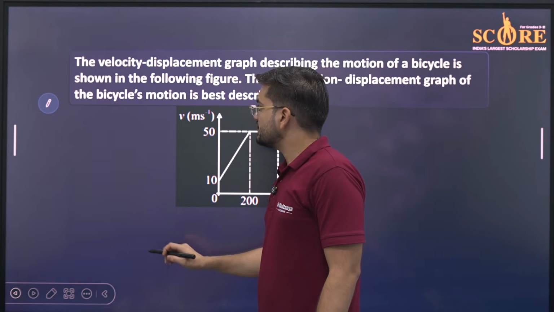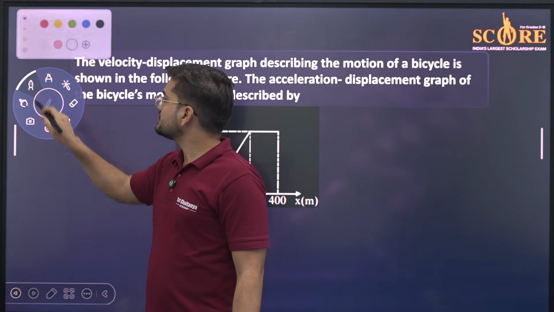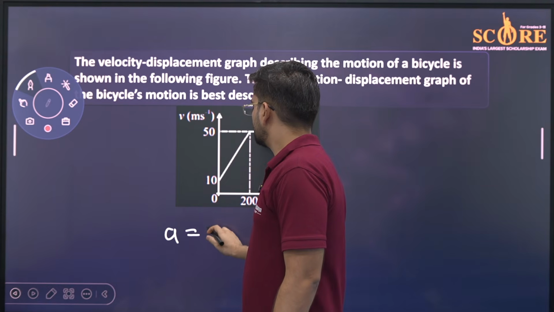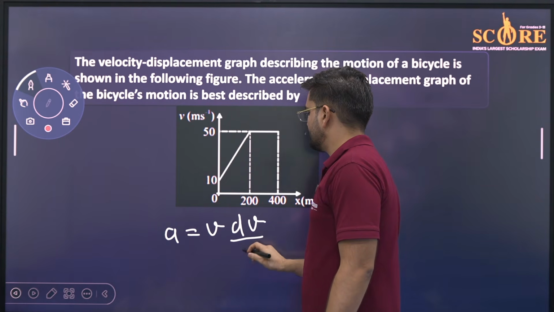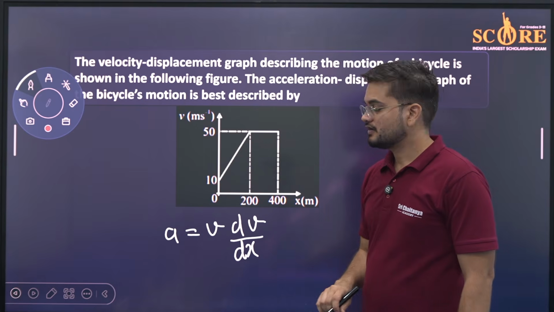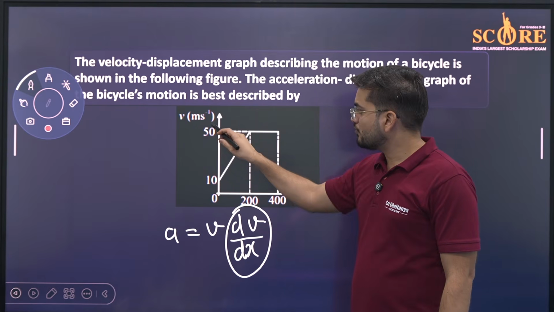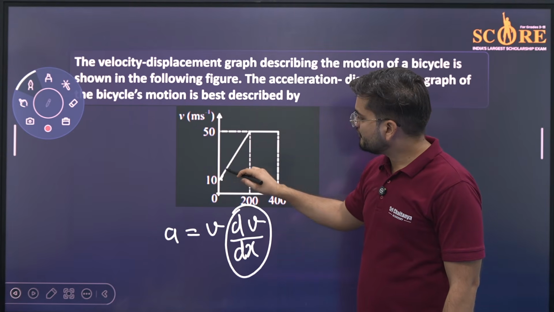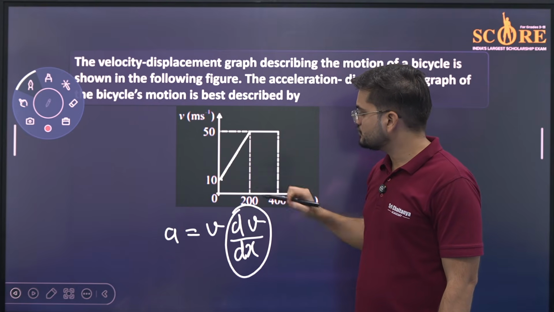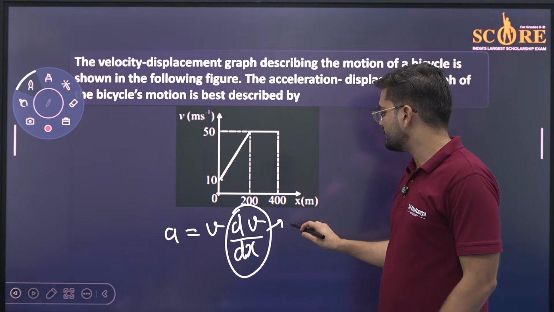So what is the acceleration? Acceleration is v dv by dx. dv by dx is the slope of the vx curve. Slope of the vx curve from x equal to 0 to 200 is a positive constant.